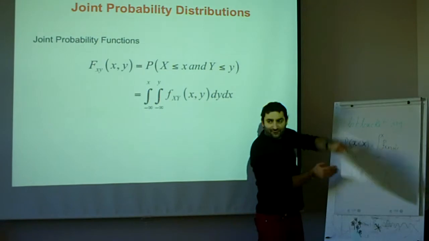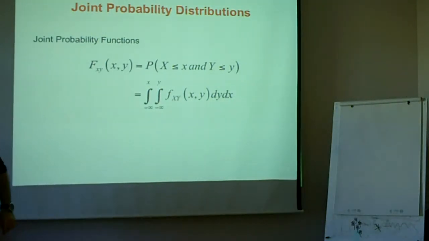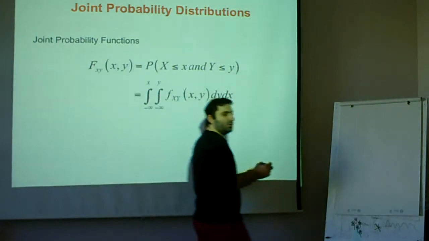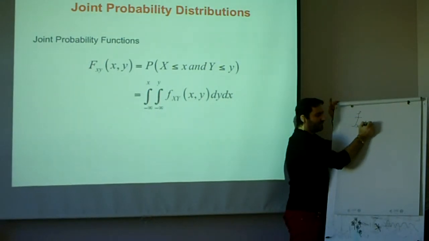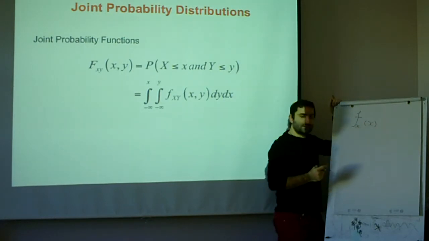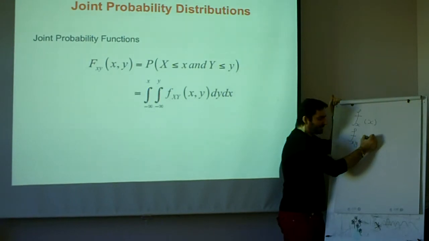Now we have a function which has two random variables, so we use this notation now: f of x, and f of x and y, of x and y.